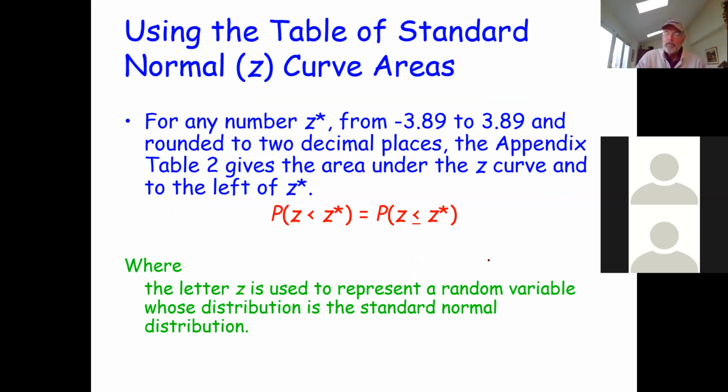So the book gets involved with this Z notation. I am not going to be using it much. It is very important in terms of describing probability, but for me, I look at it a little bit differently.